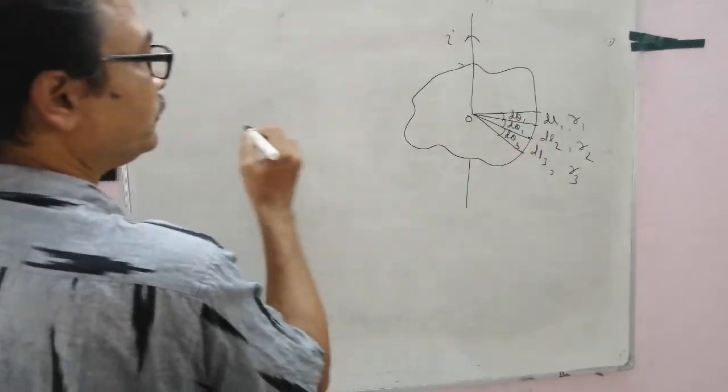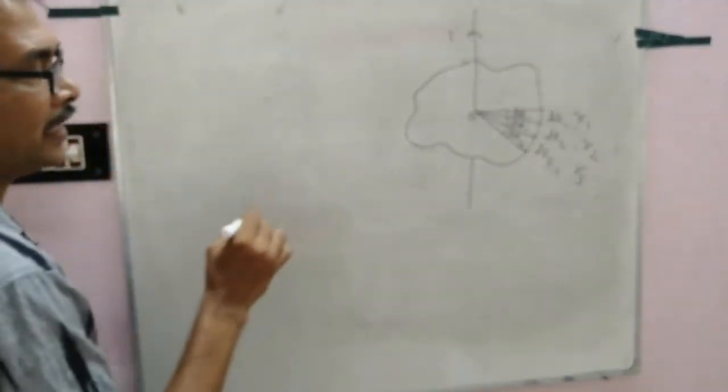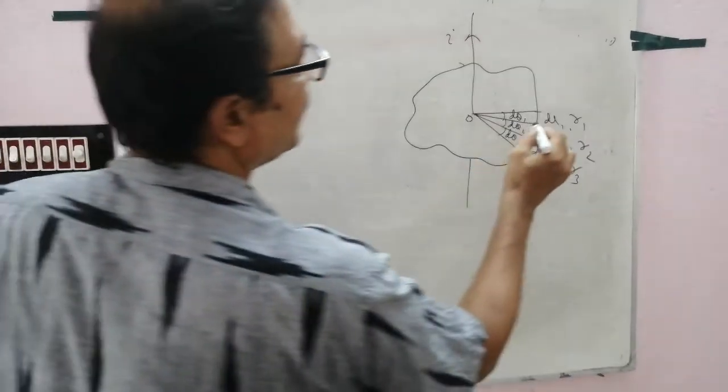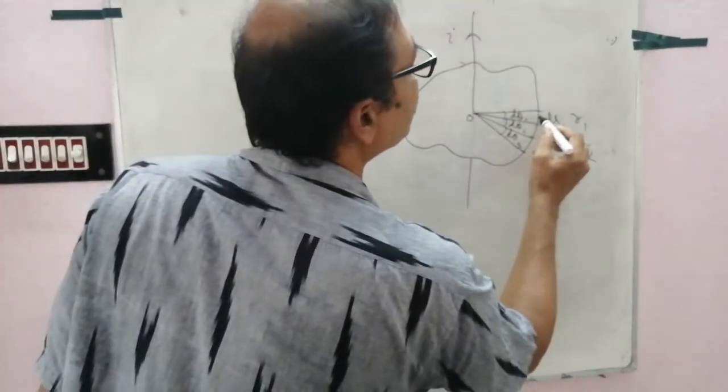Follow? So the magnetic field at O due to DL, the magnetic field at this portion.